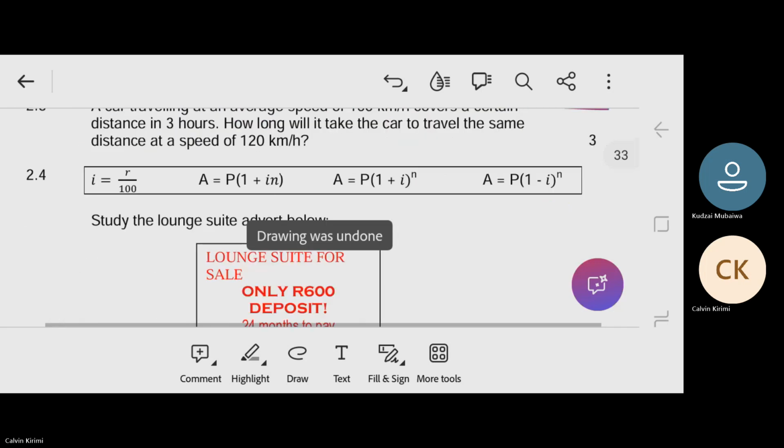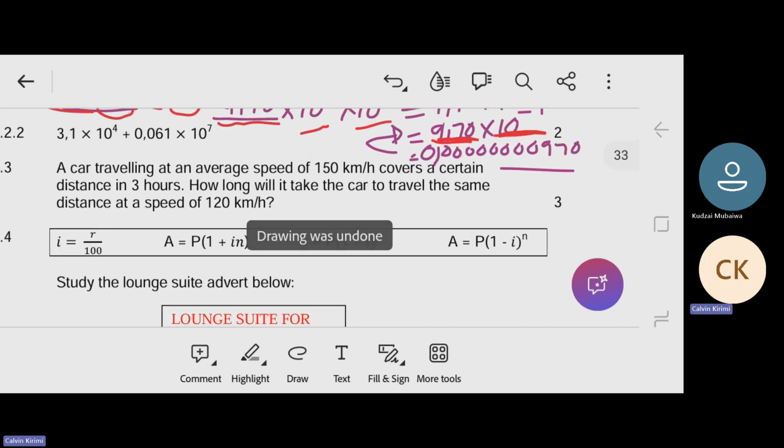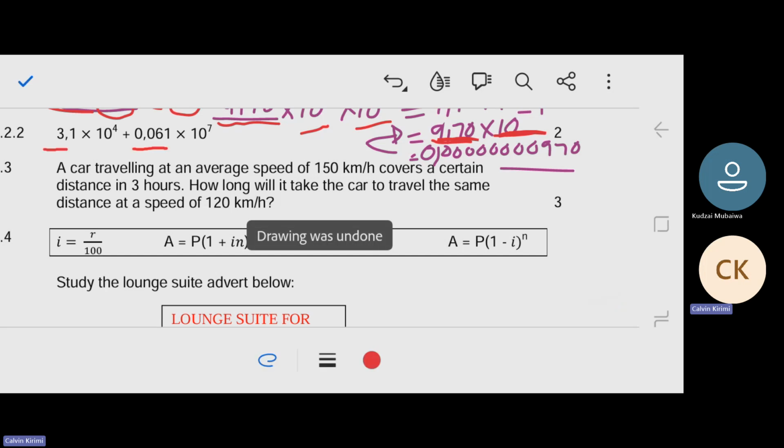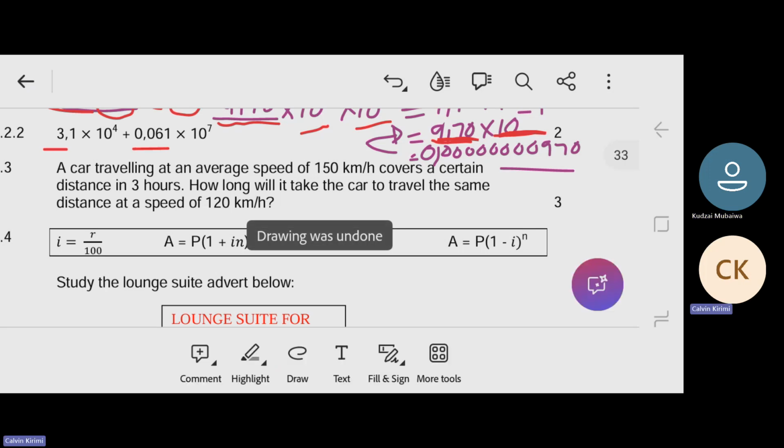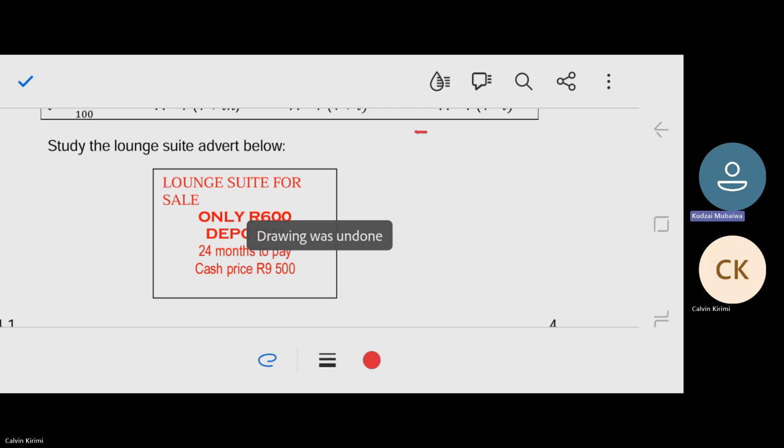It's saying 3,1 times that. So first you multiply the numbers, this number times that number. What are you going to get? 3,1 multiplied by 0,061. I got 1,891 over 10,000.